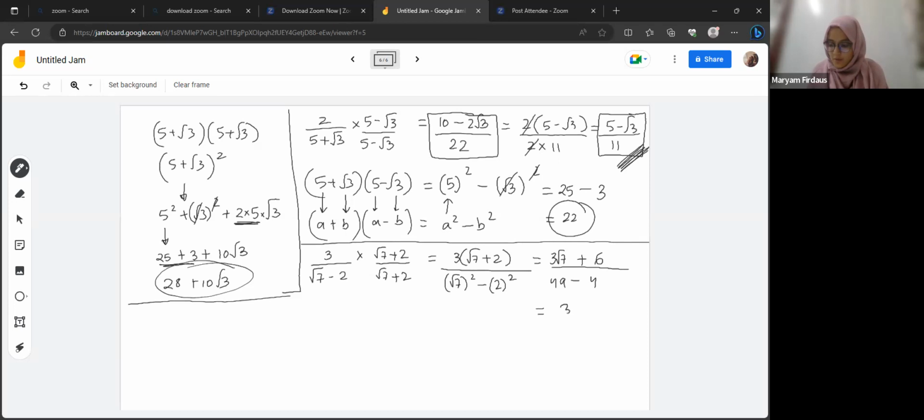So this is 3 root 7 plus 6 by 45. You can take 3 common in the numerator. This becomes 3 multiplied by root 7 plus 2, but divided by 3 into 15. So this and this get cancelled. So we are left with root 7 plus 2 by 15. This is the answer.